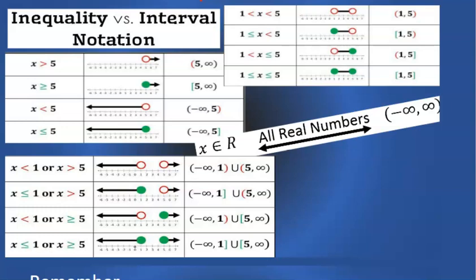On the number line, you'll have the two left and right sides shaded and the middle part not shaded. And then as an interval, you have two intervals just like you had two inequalities. The U stands for union. It's just their way of writing or in that notation.